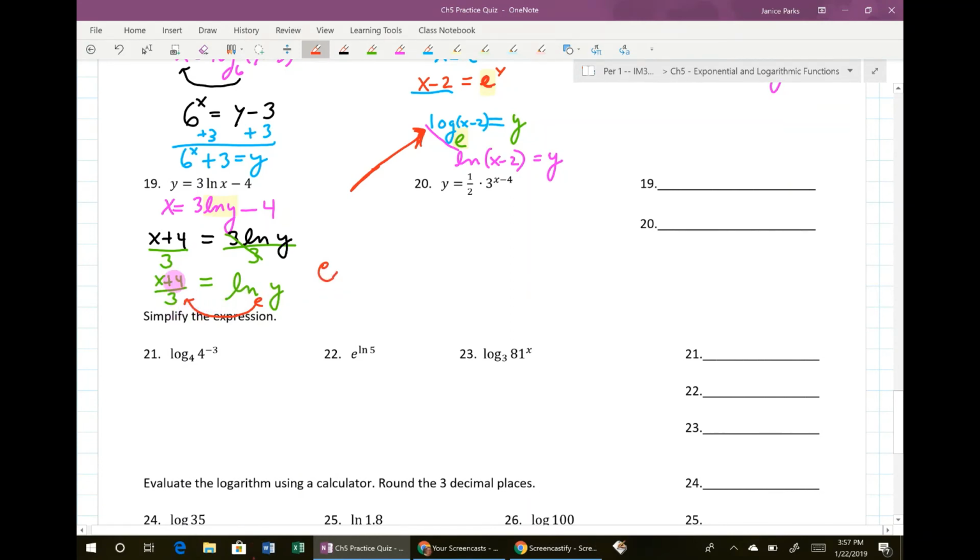The exponent will be x plus 4 over 3, and then that's going to equal y. So we have e to the x plus 4 over 3. You need to make sure that it looks like an exponent, so if you have to raise it up a little bit more, do that, please. For number 20, I'm going to switch the x and the y.